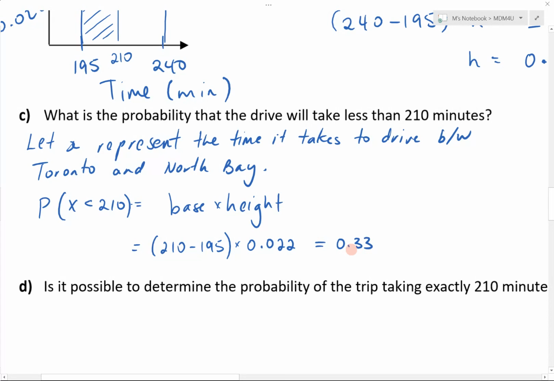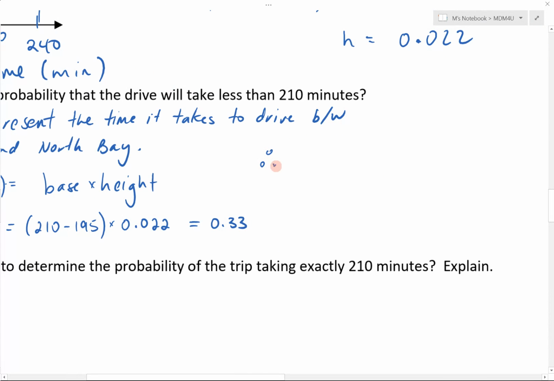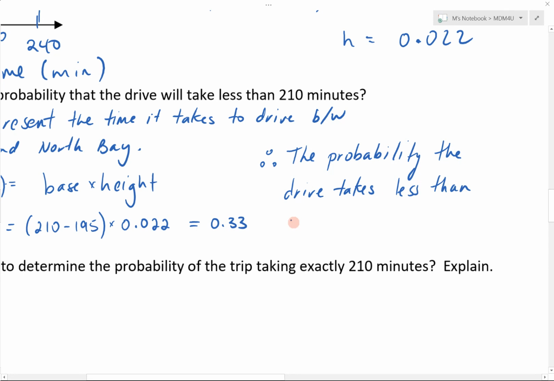So therefore, the probability the drive takes less than 210 minutes is 33%.